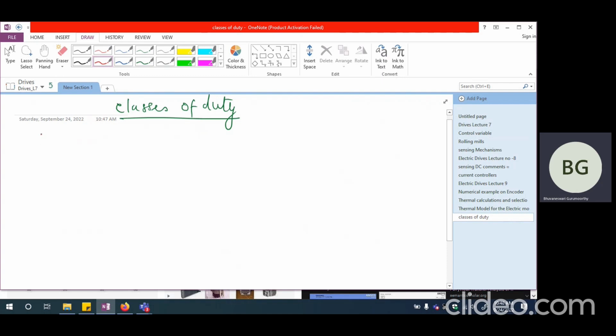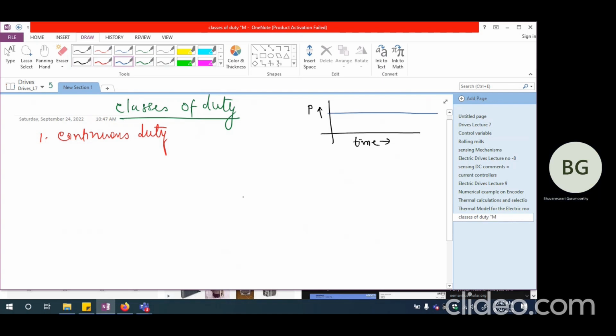So the first and foremost thing is continuous duty. This is one of the easiest duties for which we would be able to calculate the motor rating very easily. So continuous duty basically refers to, if I try to plot time versus power drawn from the machine, this is going to be always a constant.